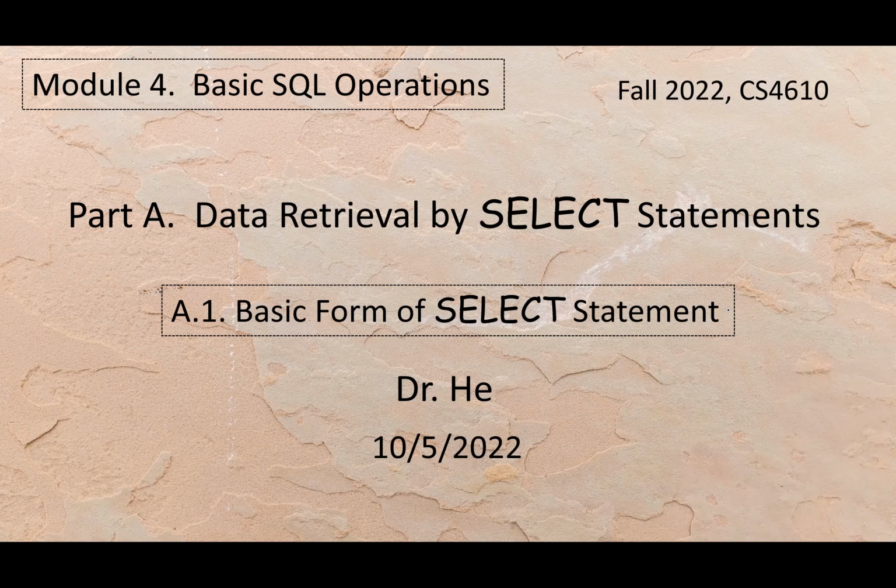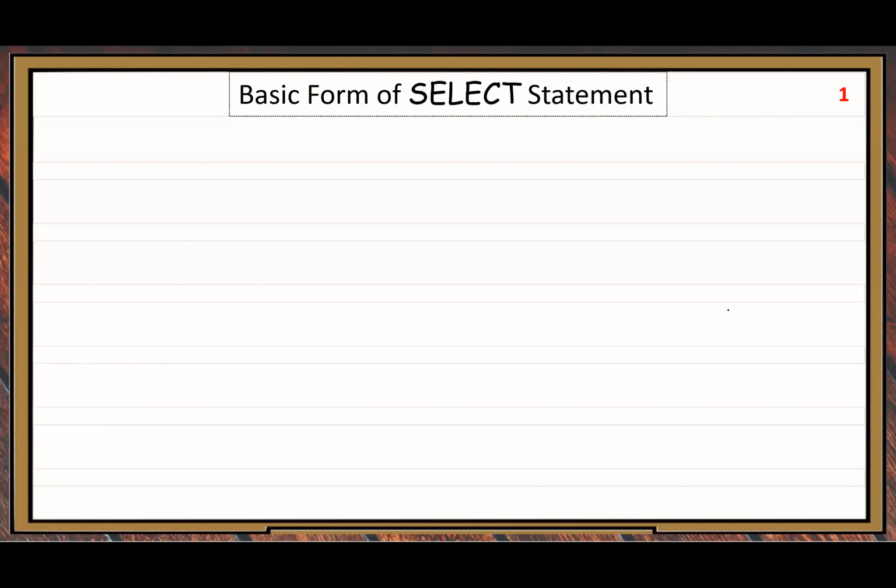Let's look at the syntax format first. Select from where block. The typical format has 3 components: select part, from part, and the where part. Let's look at them one by one.